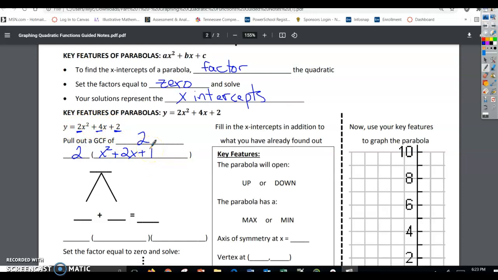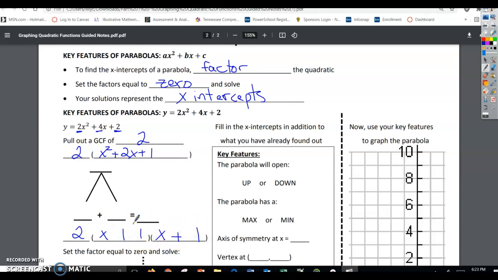All right, so to factor this, what multiplies to give me 1 and adds to give me 2? I don't like the way that's set up, but I'm going to do x times x, 1 and 1.